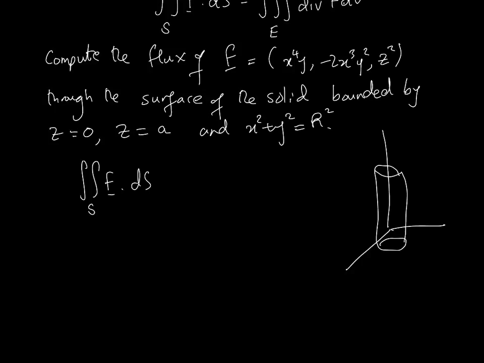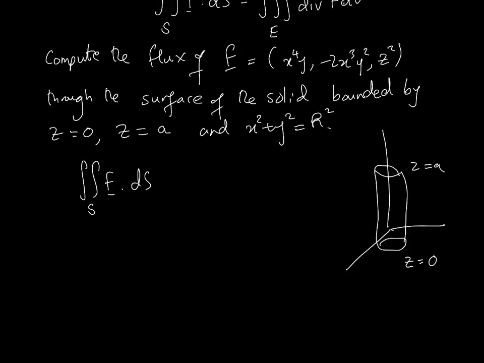And I'll explain why the divergence theorem is better in this case, because what you have here is a cylinder. So you've got z equals a, which is this plane intersecting the cylinder, and z equals 0, that's the xy plane, and you've got the cylinder, of course, x squared plus y squared equals r squared.